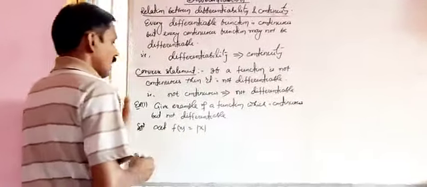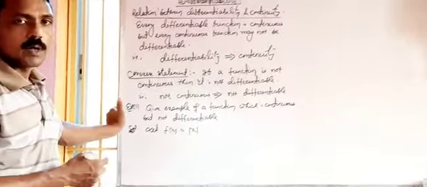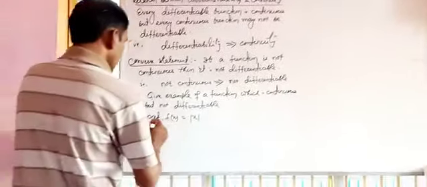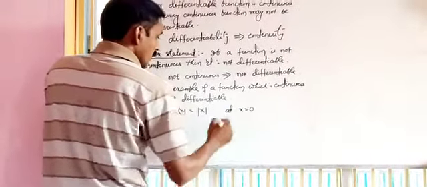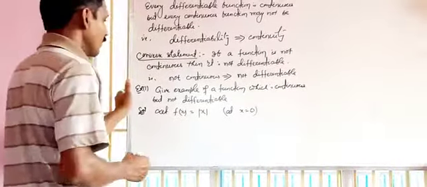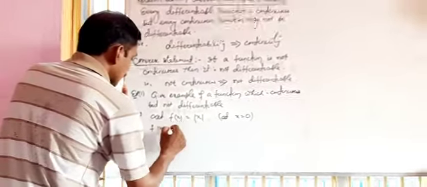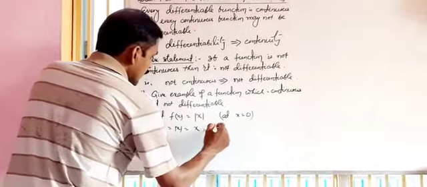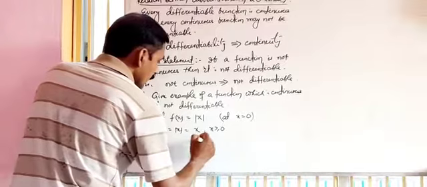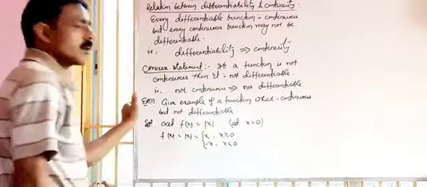Now here we will check the continuity at x equal to 0. So f of x, this is mod x, equal to x when x is greater than or equal to 0, and minus x if x is less than 0. This is the definition of the modulus function.